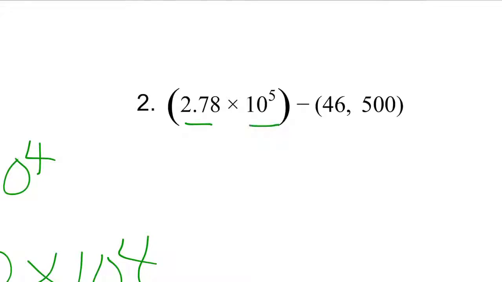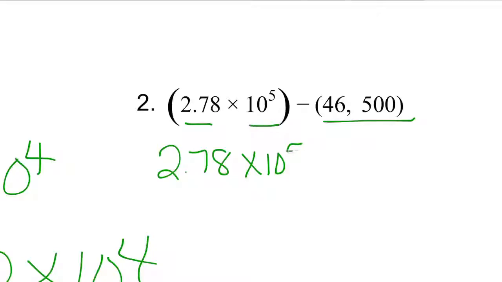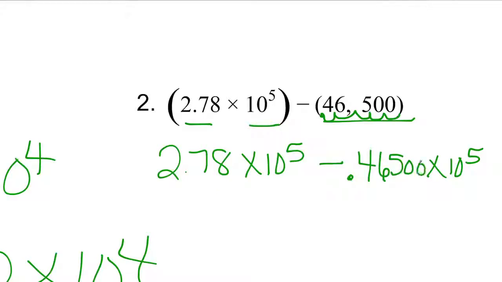2.78 times 10 to the fifth minus 46,500. Well, we need to get that into 10 to the fifth power. So this one we can leave the same, 2.78 times 10 to the fifth. This guy, if we want it to be times 10 to the fifth power, we need to take that decimal and bump it 5 places, right? So we would go 1, 2, 3, 4, 5. So we would have minus 0.46500.